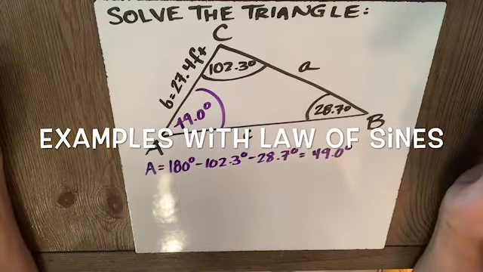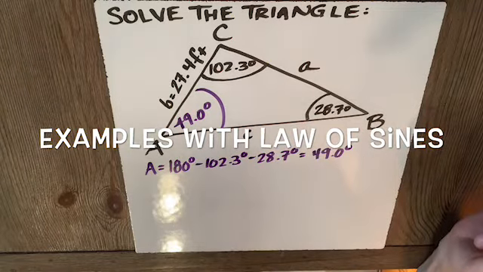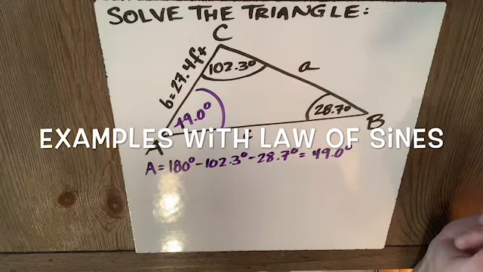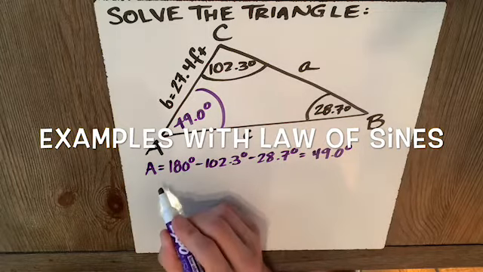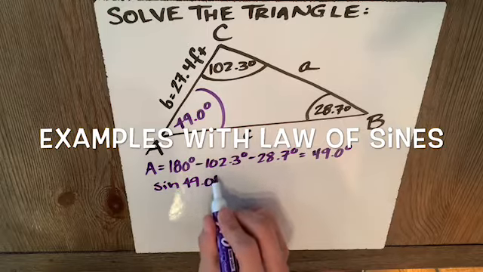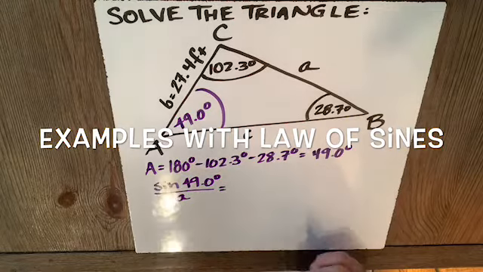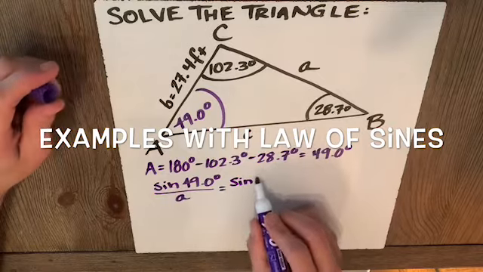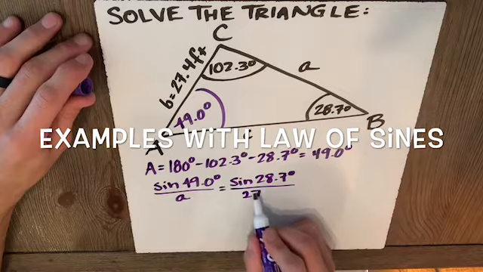And now I can go after the unknowns. The unknowns are these two sides. So I know that sine A over A equals sine B over B equals sine C over C. Let's go after A. So I'm using sine of A, which is 49 degrees, over A is equal to, well, I've got this side and this side, so I'm going to say sine of B, 28.7 degrees, over 27.4 feet.